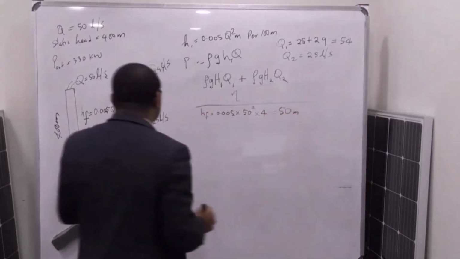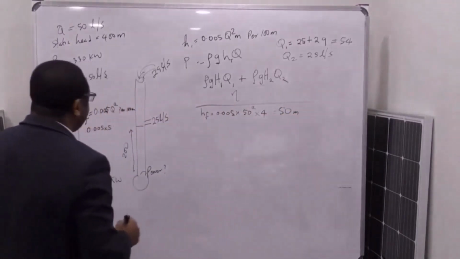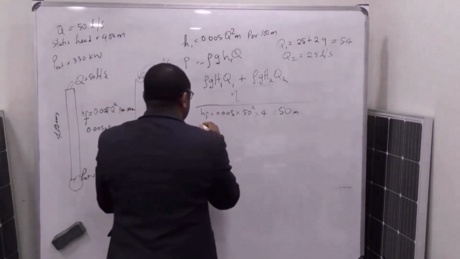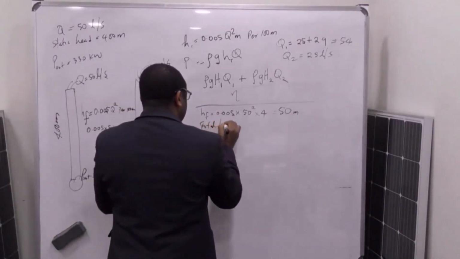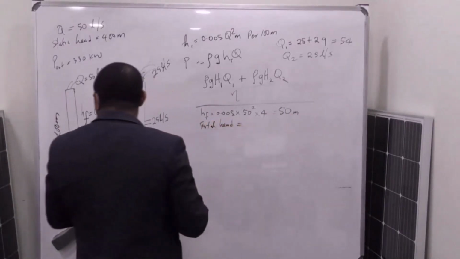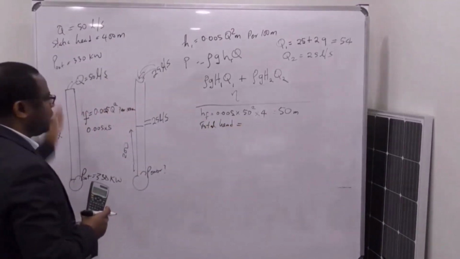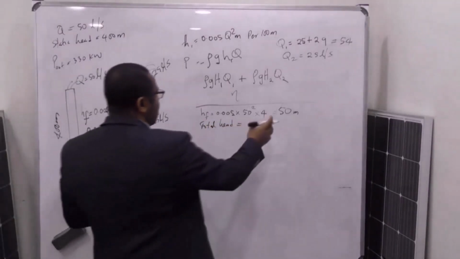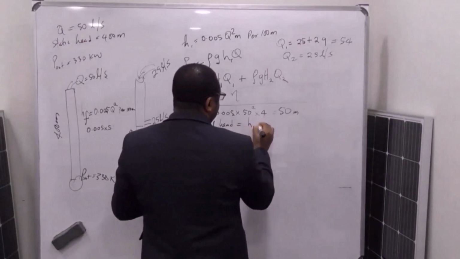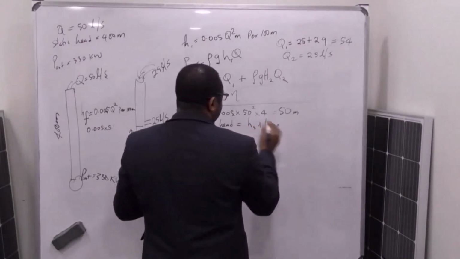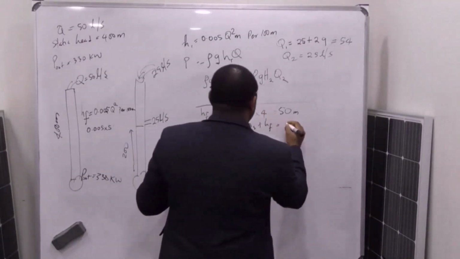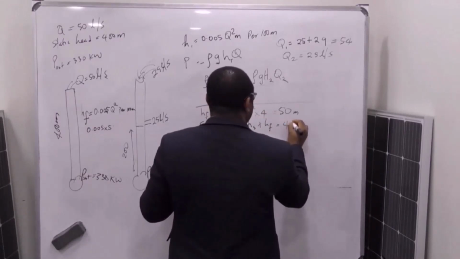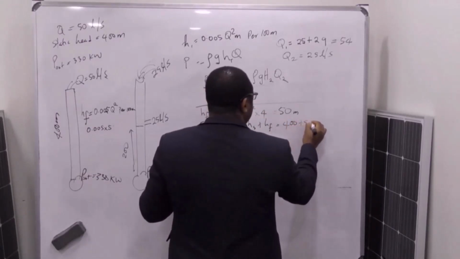All right. Then the total head will be the static head plus the frictional head, which will give you 400 plus 50, that is 450.